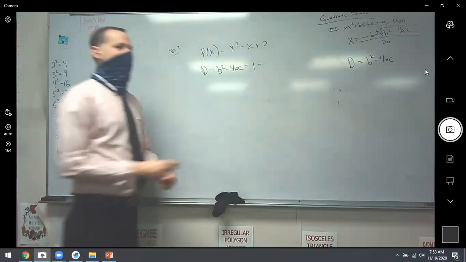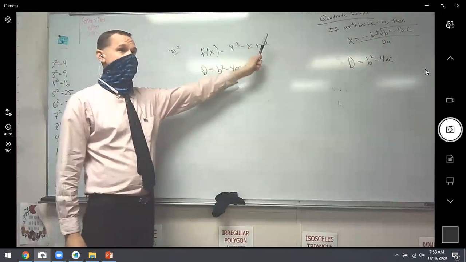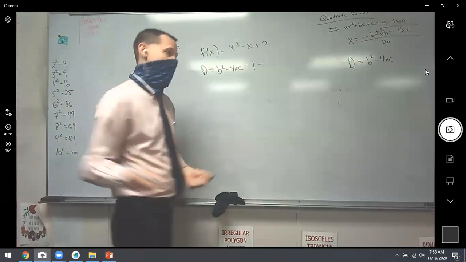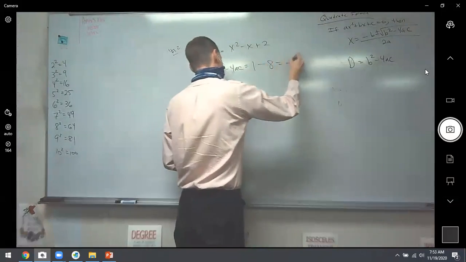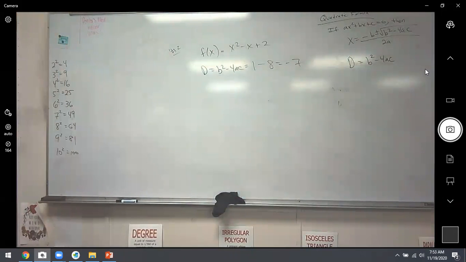And then minus 4ac. a is 1, c is 2, and 4 times 1 times 2 is 8. So again, in this particular problem, we get a negative discriminant. And that means it has the exact same meaning. That means there's going to be 2 complex, distinct conjugate zeros. We'll get very much the same result as we did on the last problem.